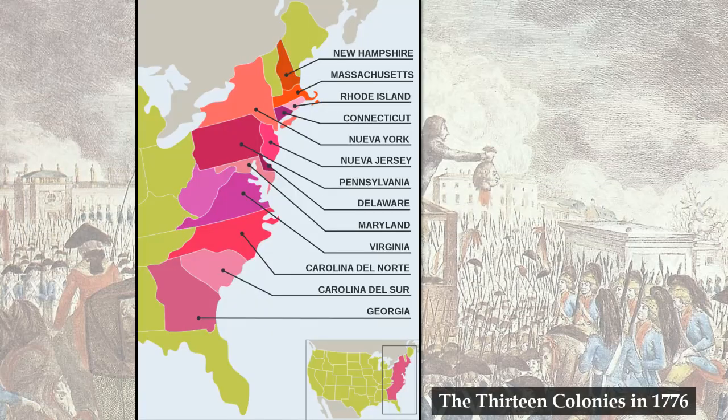Well, in the eastern coast of North America, there were 13 colonies, British territory since the 17th century, and these 13 colonies are going to revolt against their overlords, the British. Why?